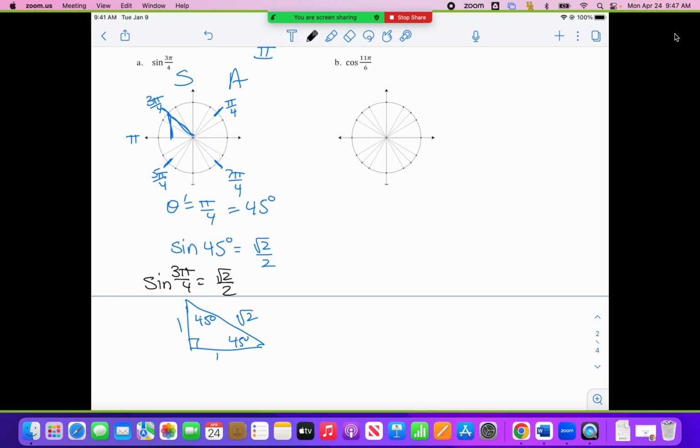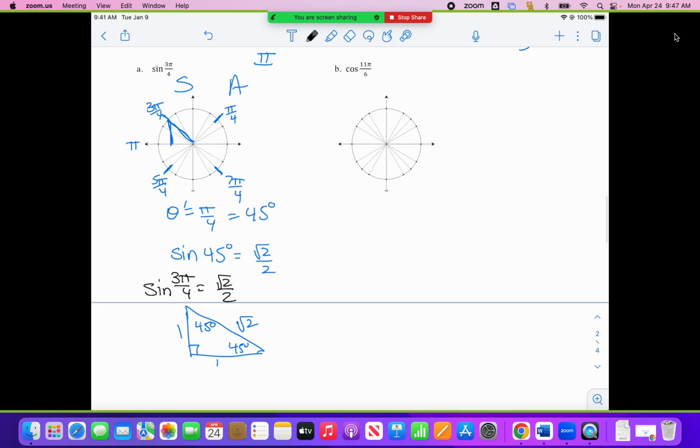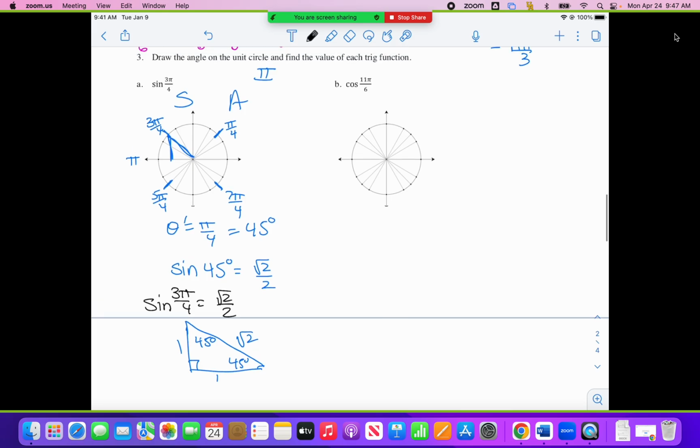All right, here we go. 11 pi over 6. Drew, what quadrant is 11 pi over 6? Just the angle. Good job. It's the fourth quadrant. Then, Elise, how far away from 2 pi is 11 pi over 6? Good job.